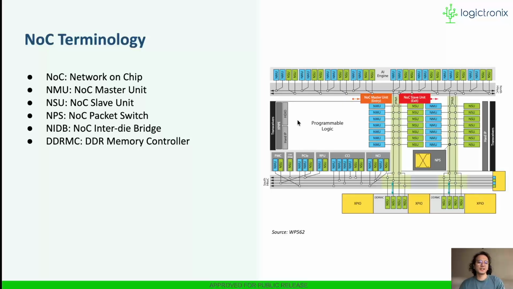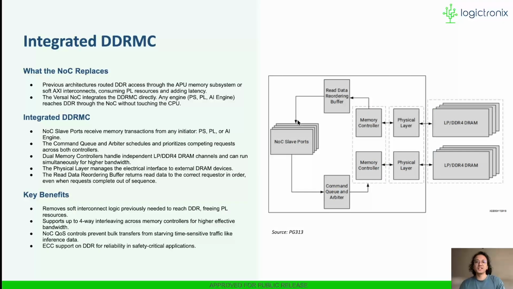DDR-MC is the dedicated DDR memory controller, which is a hard IP on the Versal devices. So the integrated DDR memory controllers are hard IPs which are connected to the NOC. If we need to access the external DDR memory, we have to connect it through the NOC.